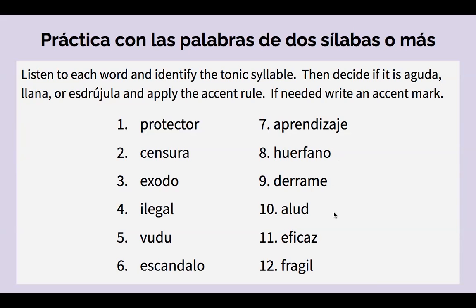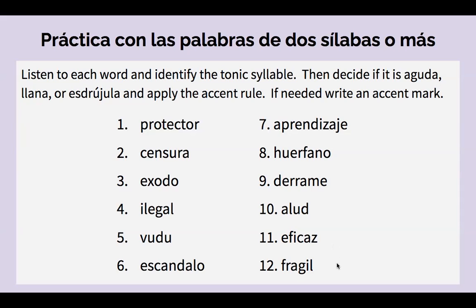Alud. Número 11, eficaz. Eficaz. Número 12, frágil. Frágil.